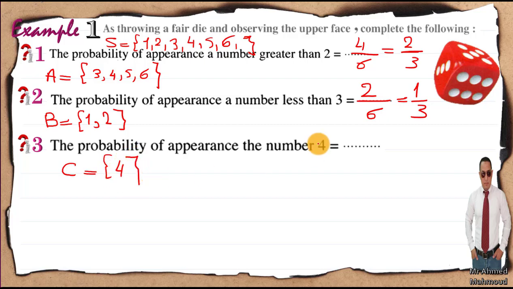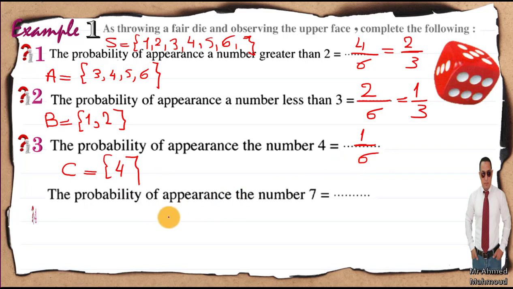Number 4 appears on one face only, so it is 1 over 6. The probability of appearance of number 7, I'm going to call this one D. Number 7 is not included in the sample space, or on the die, so it is phi. The probability in that case equals 0, because phi has 0 elements, over 6, which is 0.